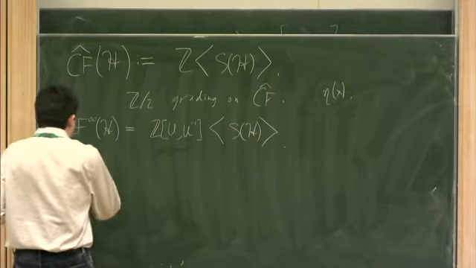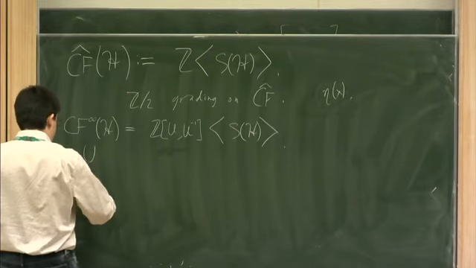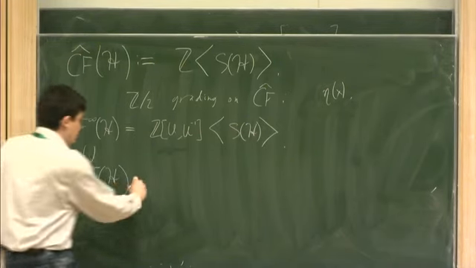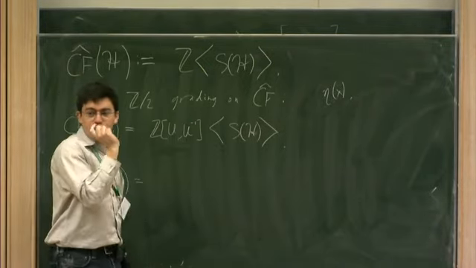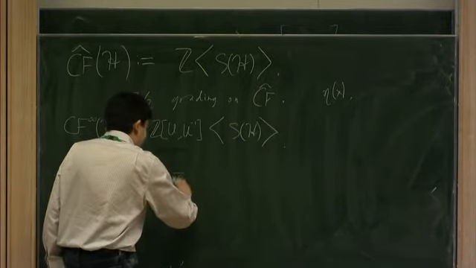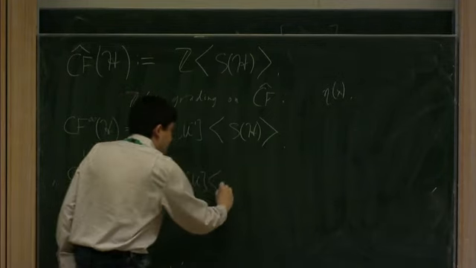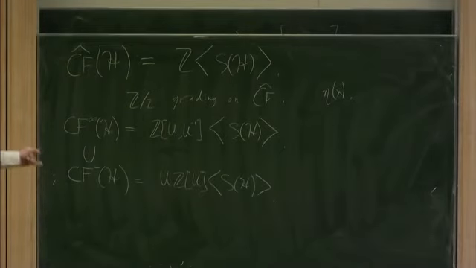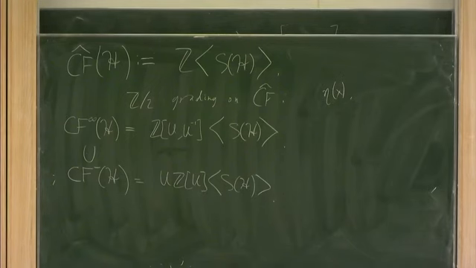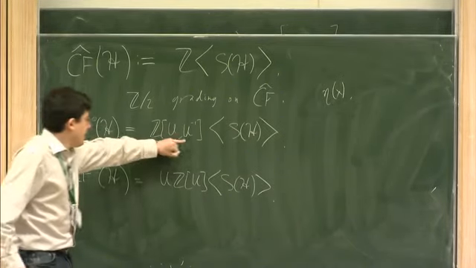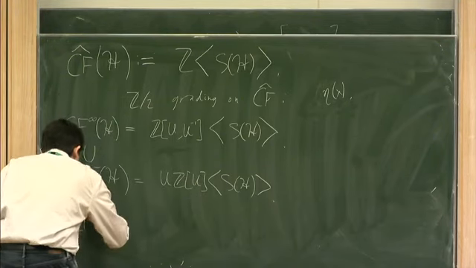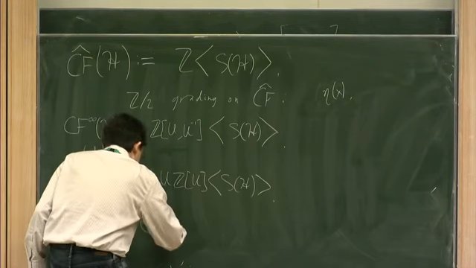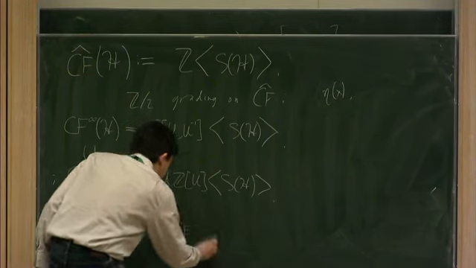Sitting inside here is what we call CF minus, which is the generators that have strictly positive powers of U. And then the quotient CF plus of H is defined as CF infinity mod CF minus.